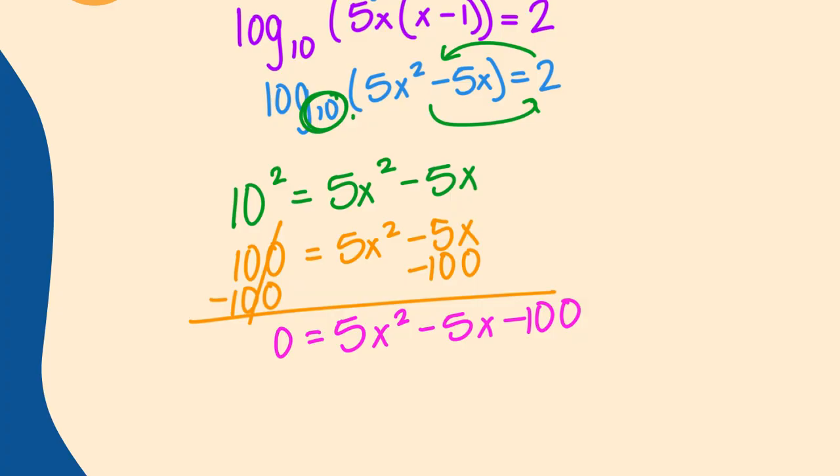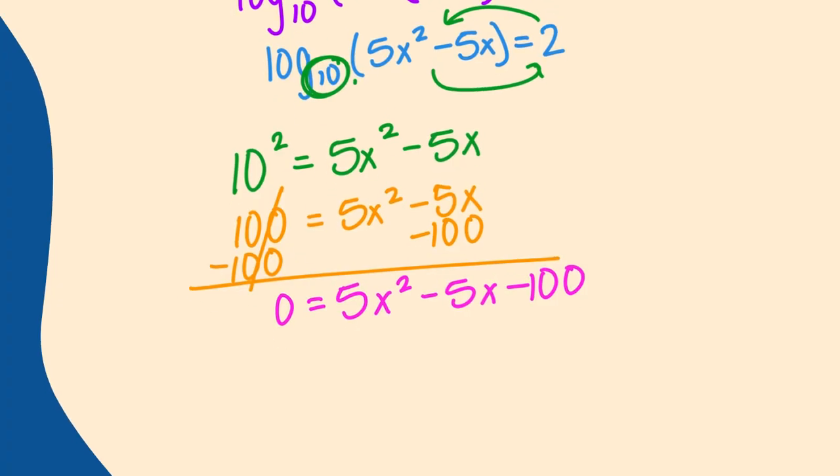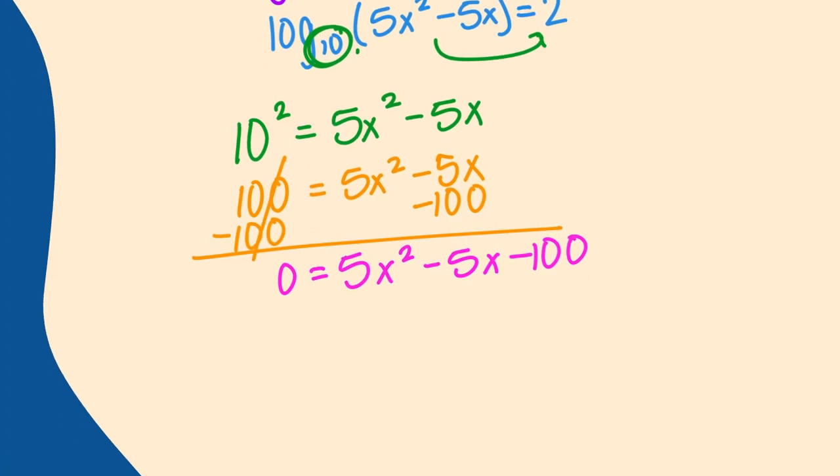I have a quadratic equation, so I'm going to factor. Before I factor, you can factor out a 5, which gives me smaller numbers. I'm going to have 0 equals x squared minus x minus 20.